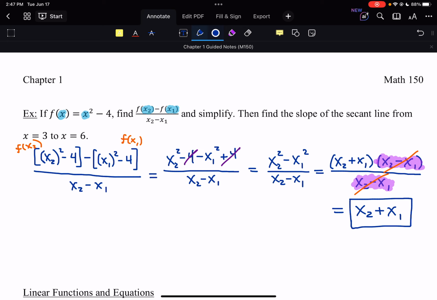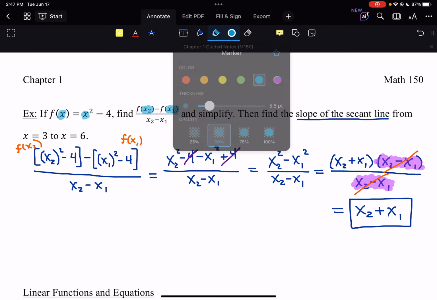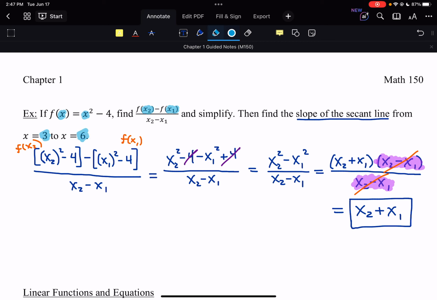We got down to here, and now it's asking us to find the slope of the secant line from x equals 3 to x equals 6. Okay, so slope of the secant, that's m, equals f of 6 minus f of 3 over 6 minus 3. And we could go through this whole process again if we wanted to, right?